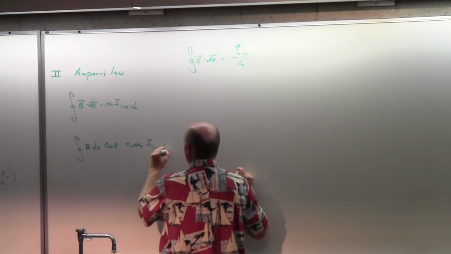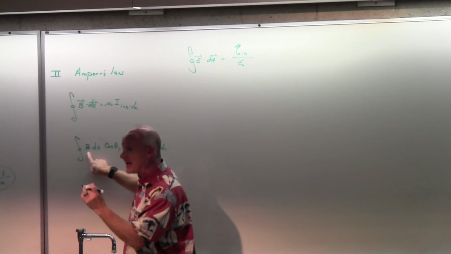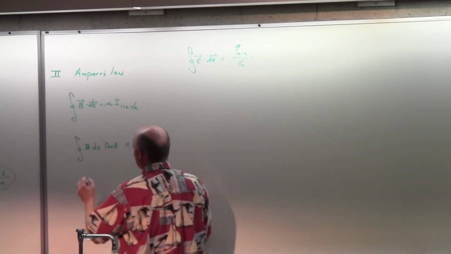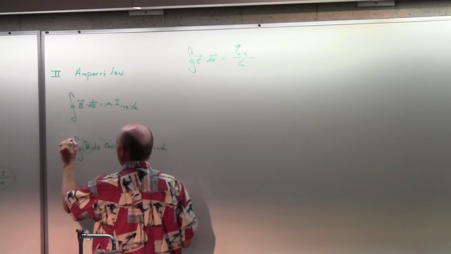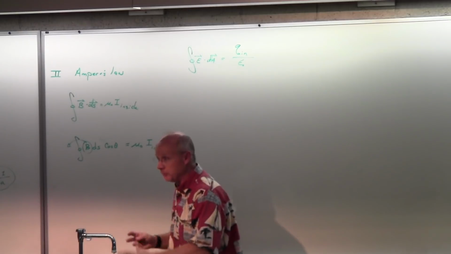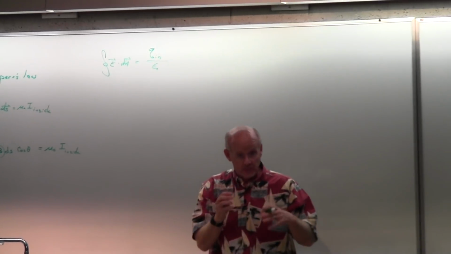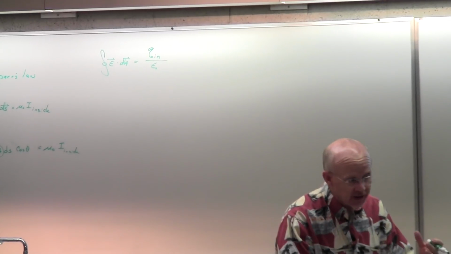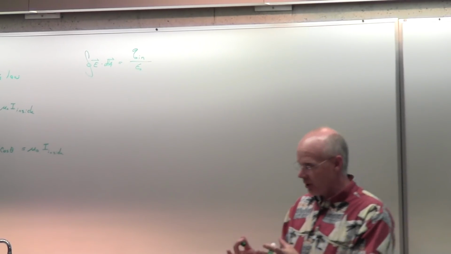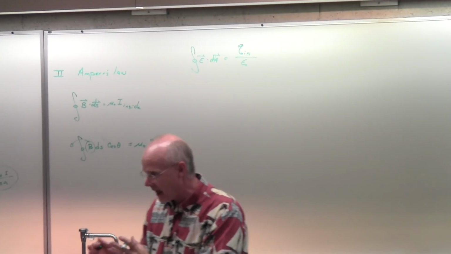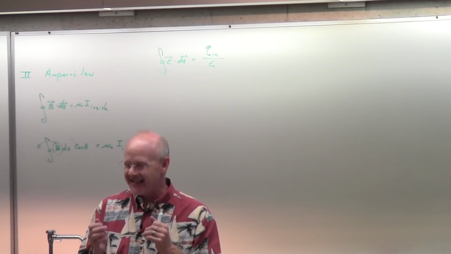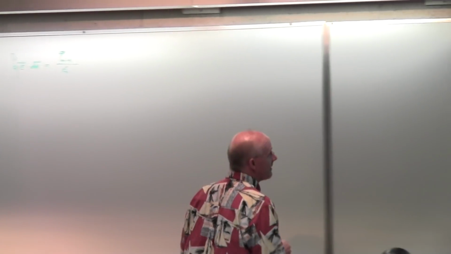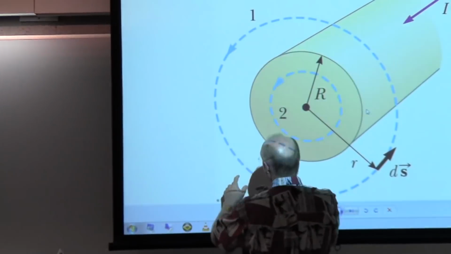And when you take that dot product, you of course have the magnitude of the magnetic field and the angle. But the purpose of that is if you pick the correct Amperean loop, just like back here, if we picked a correct Gaussian surface, we could make a physics argument, even though we don't know the value of the magnetic field, that it's the same value on the loop. And so here's that same idea. Imagine yourself anywhere on this loop.